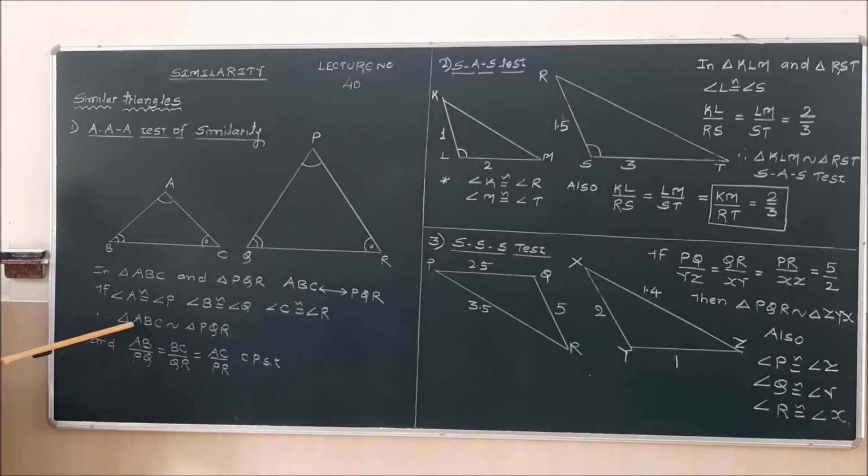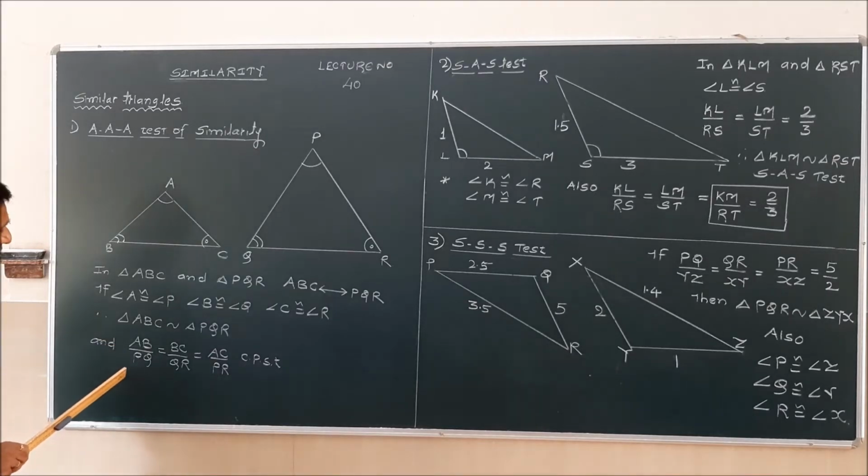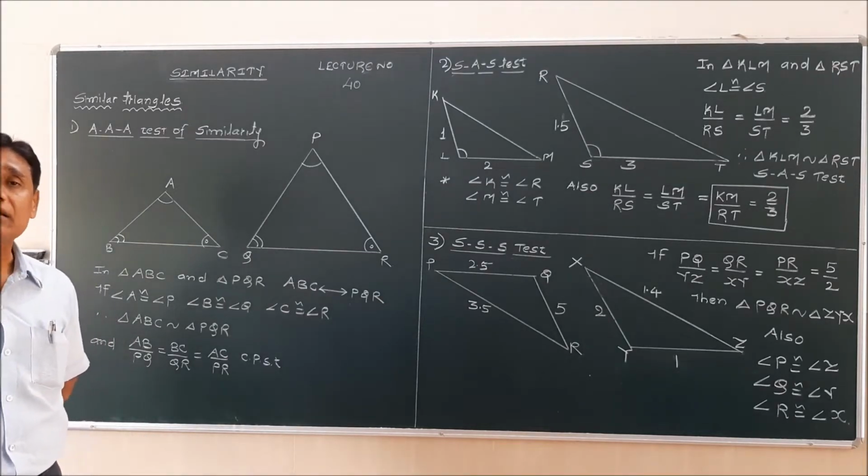Then please look here. First two letters AB, first two letters here PQ. So side AB and side PQ are going to have some ratio. The same ratio is there between BC and QR, and the same ratio is there for AC upon PR. So we can draw the conclusion that if two triangles are similar by AA test or by AAA test, then the ratio between their corresponding sides, I use a very appropriate word, corresponding.